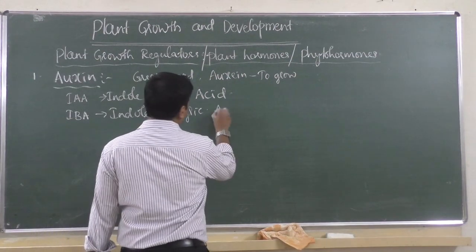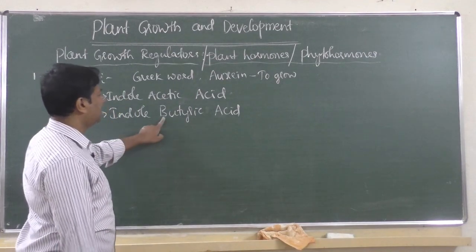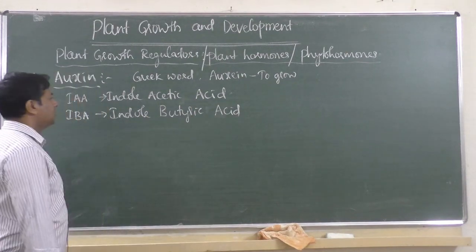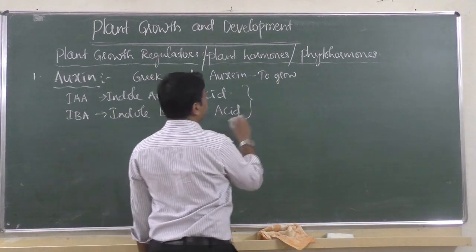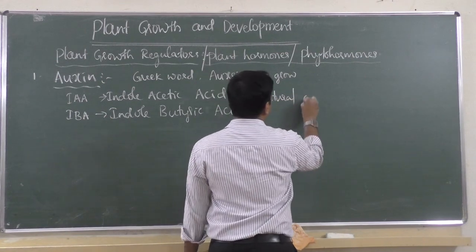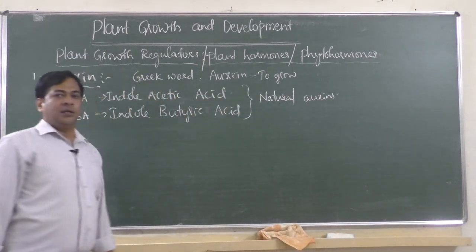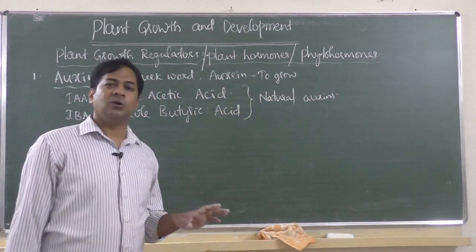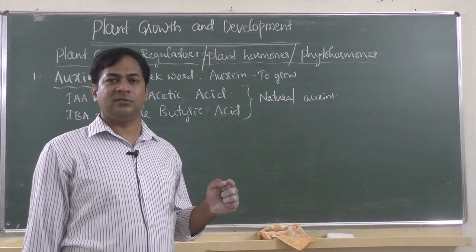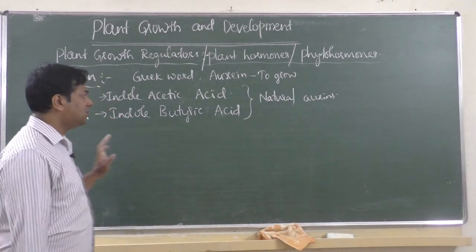Indole butyric acid, in short IBA: indole I, butyric B, acid A. Like that, indole acetic acid, IAA. So these two are natural auxins, meaning the plant itself produces these hormones naturally. We don't have to spray them, we don't have to bring them from the market. The plant naturally produces these two growth hormones.